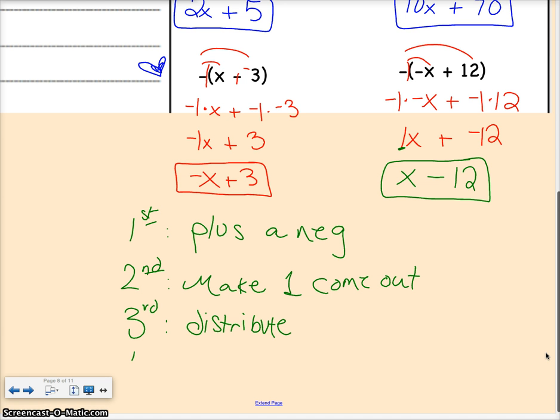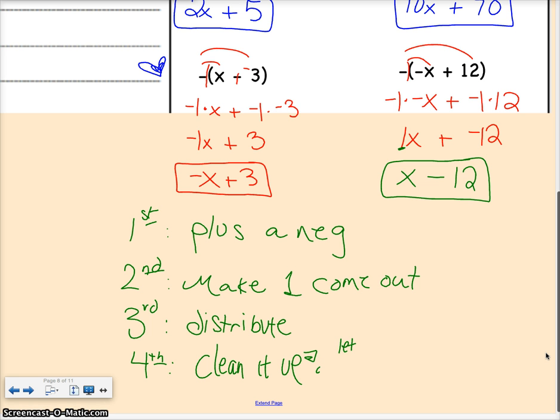And then lastly, you cleaned it up. Cleaning it up means letting the 1 hide again or turning plus a negative into a minus sign. So I'm going to just say clean it up. To clean it up means you let the 1 hide.